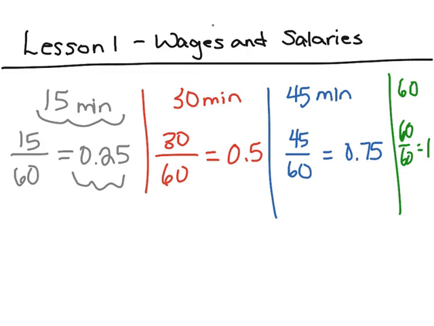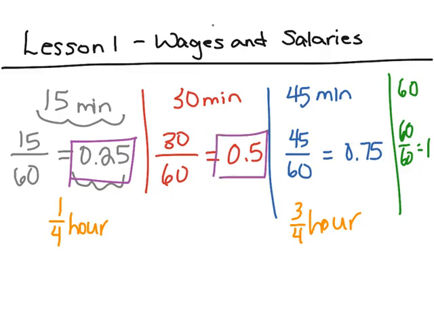So when you're doing time cards, you will use these things. This is why we say a quarter of an hour, three quarters of an hour. That is why we have to use 0.25s, 0.5s, and 0.75s. Those are the most important things you need to remember for the next example.